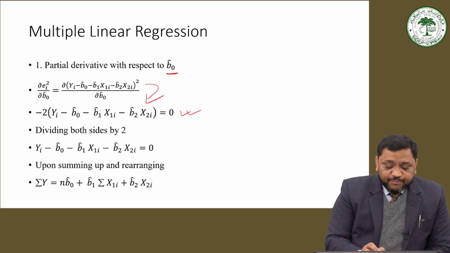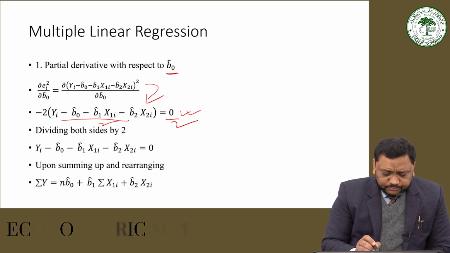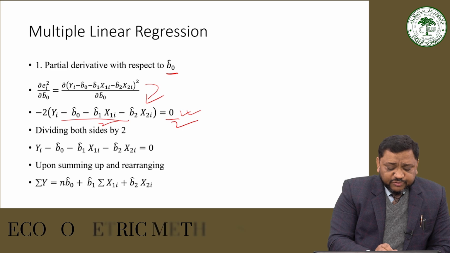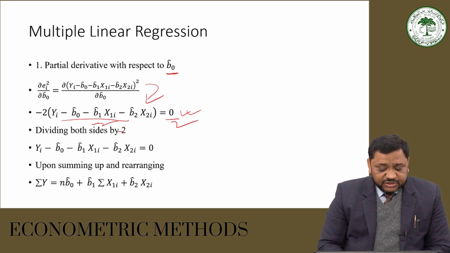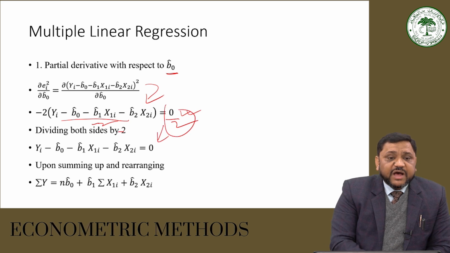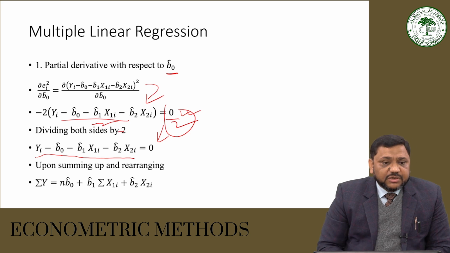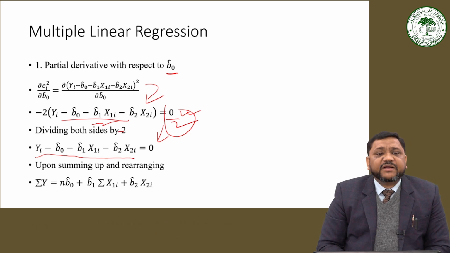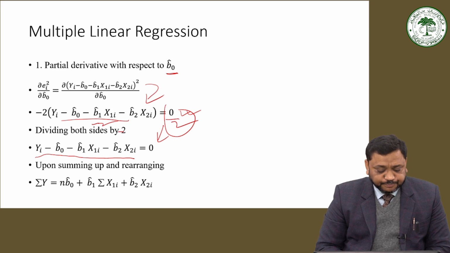Now we divide both sides by minus 2, not exactly by 2, by minus 2. So the minus 2 cancels, and this side there is no change, this is 0. So yi minus b0 hat minus b1 hat x1i minus b2 hat x2i is equal to 0.